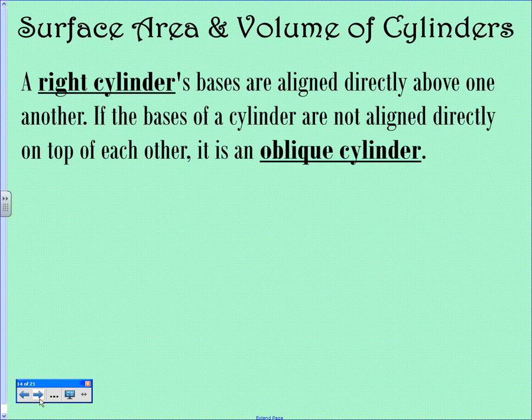If the bases are not right on top of each other, it is an oblique cylinder.